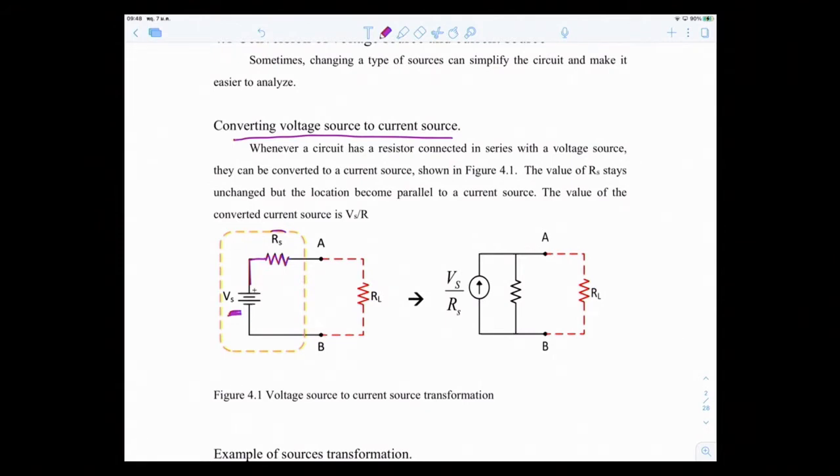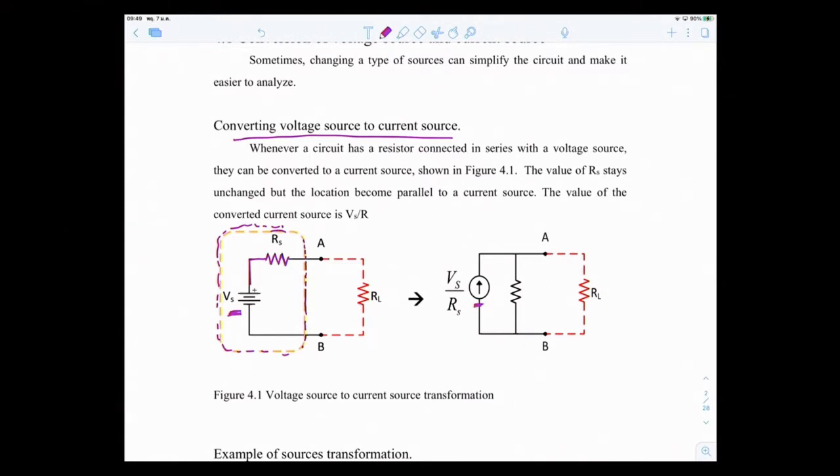Then you can transform this voltage source and Rs into a current source by simply relocating your Rs, the source resistance, into parallel with the current source.